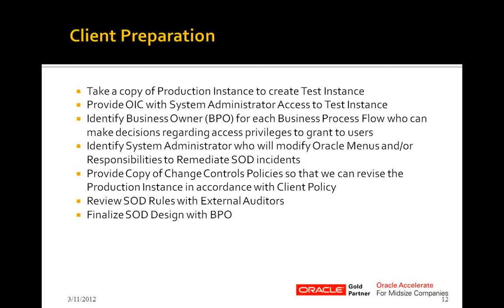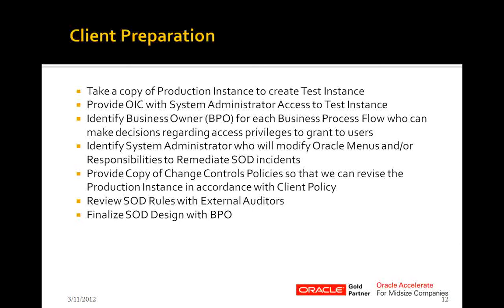Then we're going to recommend some actions that you take to resolve or remediate these segregation of duty violations. It's a best practice to do all these actions in the test instance first, and then test them thoroughly to make sure that we know what the impact is before we move them into the production instance using your company's change management policies and procedures.